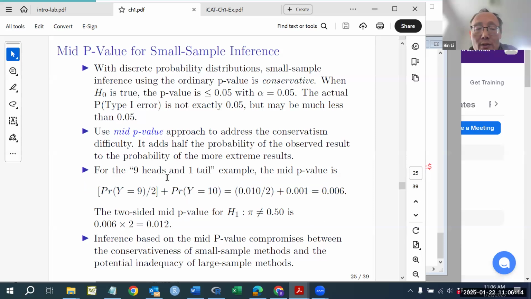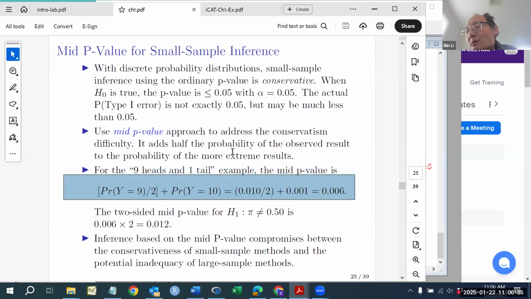So in our example, what we observed is 9 heads out of 10, right? So we only use half of the probability for y equals 9 plus the more extreme case. And that will be 0.006. And that's a better estimation.